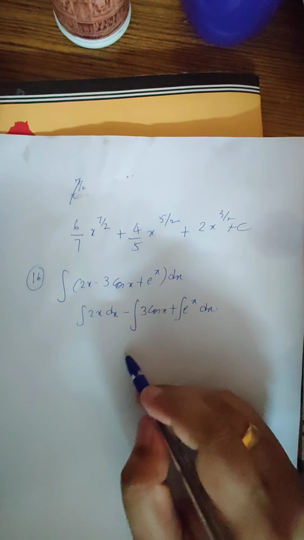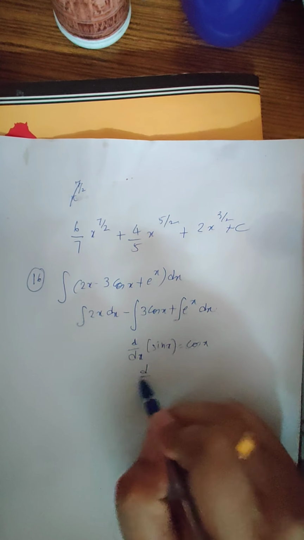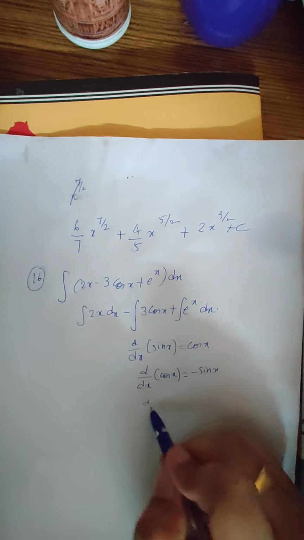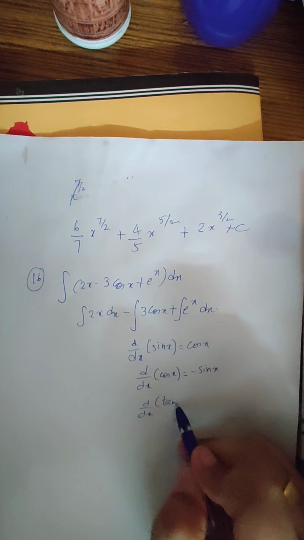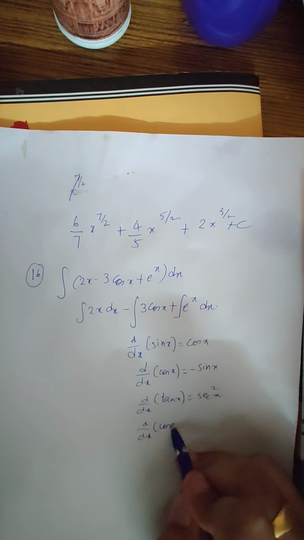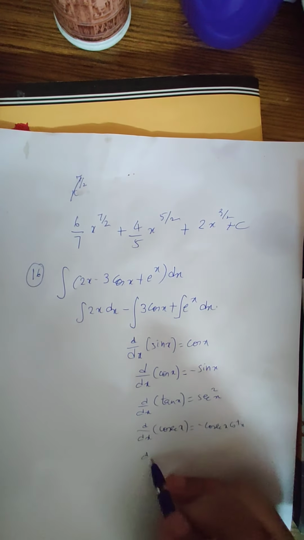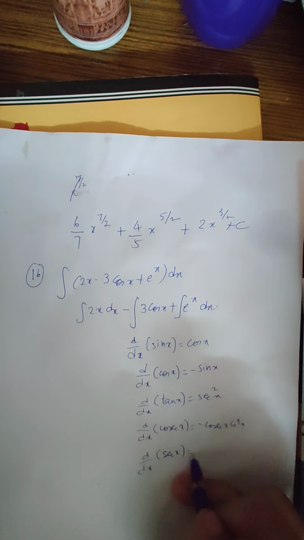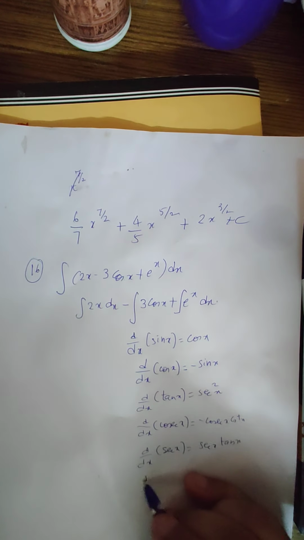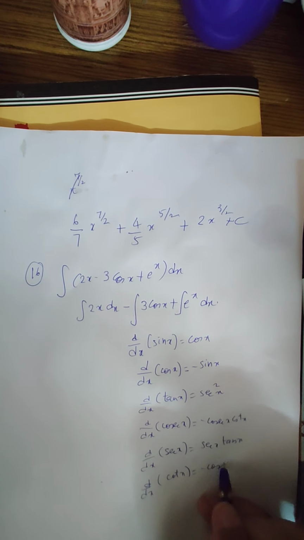Before we proceed, let me give clarity on this. Just a recapitulation: d by dx of sin x equals cos x, d by dx of cos x equals minus sin x, d by dx of tan x equals secant square x, d by dx of cosecant x is minus cosecant x cot x, d by dx of secant x is secant x tan x, and d by dx of cot x is minus cosecant square x.